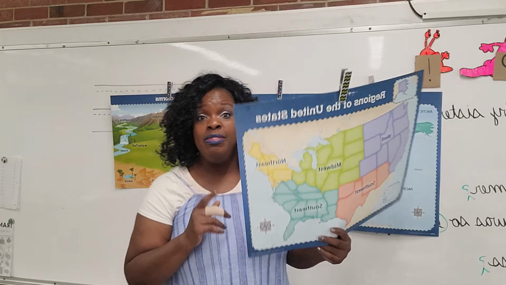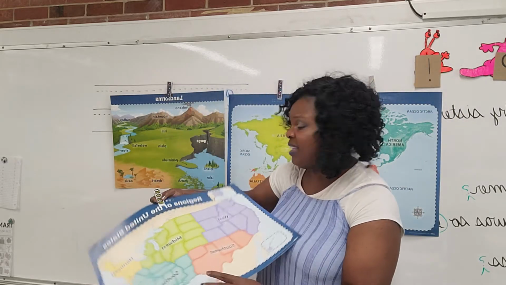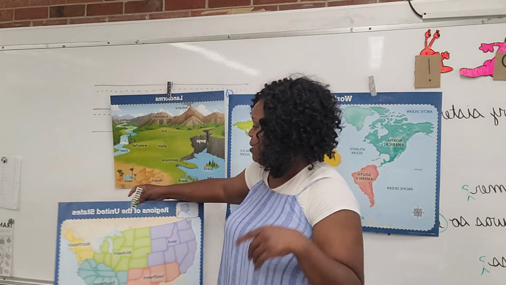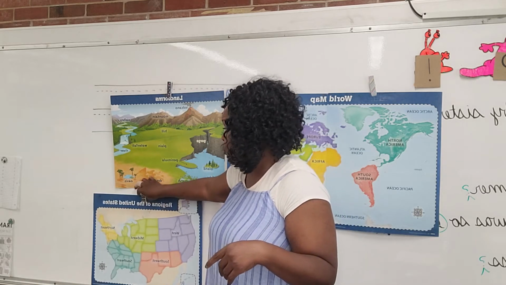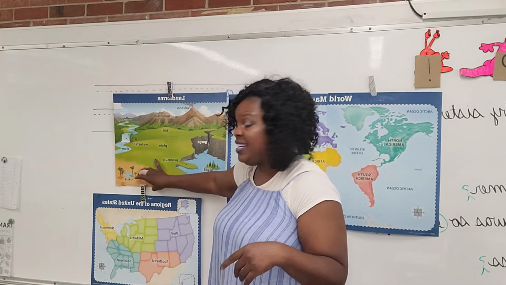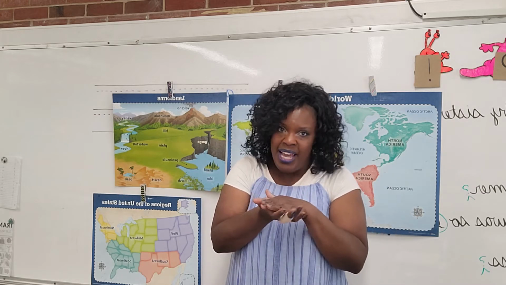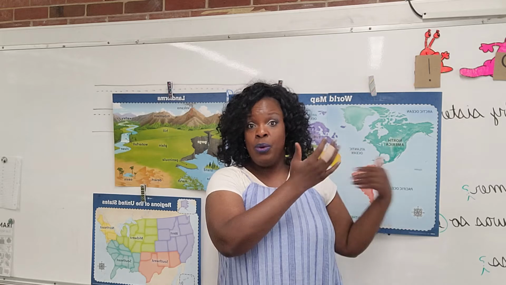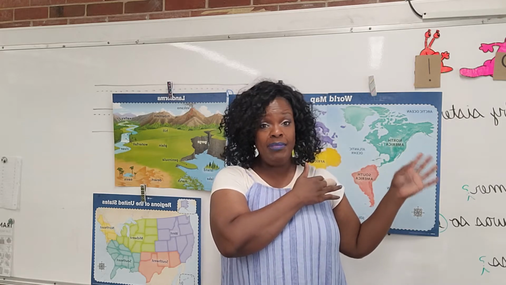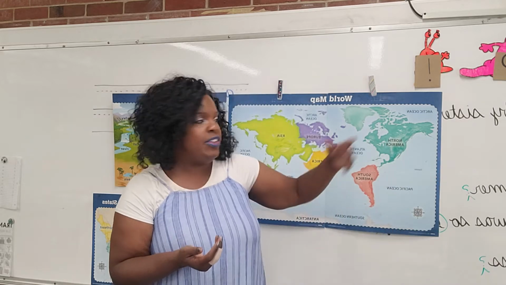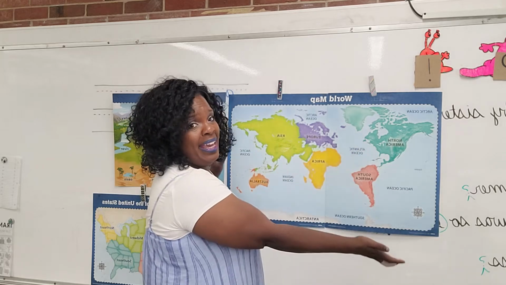So these are in the back of your history book as well, these different maps that I'm showing you. So you'll have opportunities to look at them at home to study for tests and quizzes, as well as when we review them here in class.